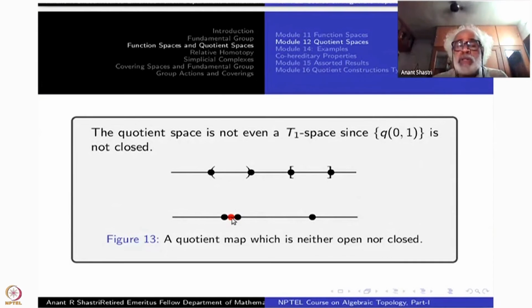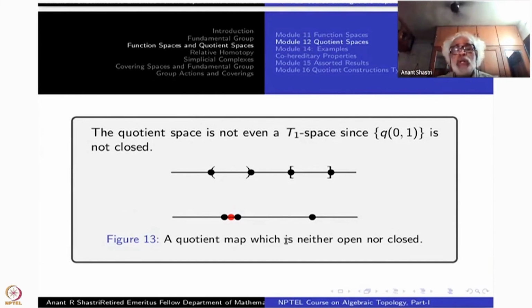Okay, so in particular, the red point, the singleton red point, is not a closed set. If you take the open subset, its closure is this entire [0, 1], including 0 and 1.